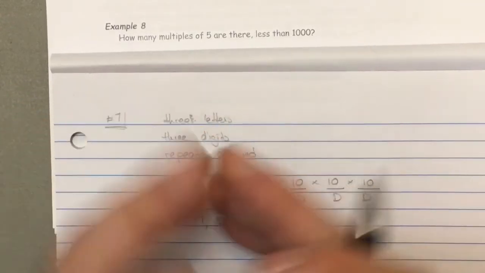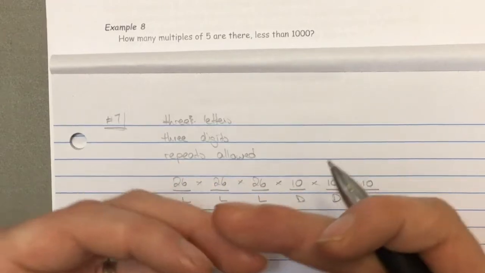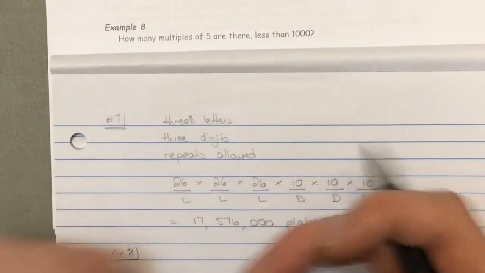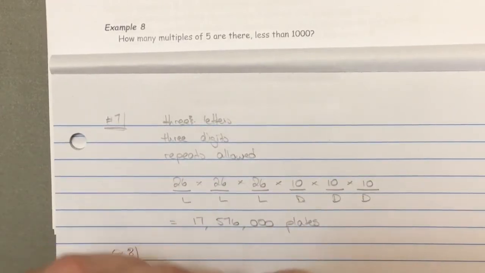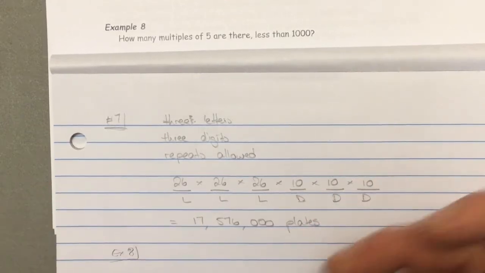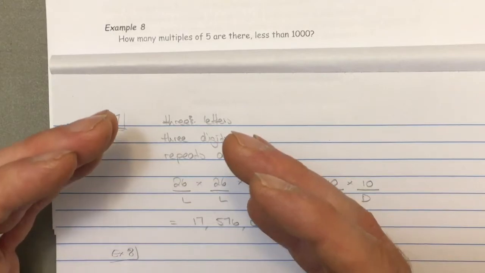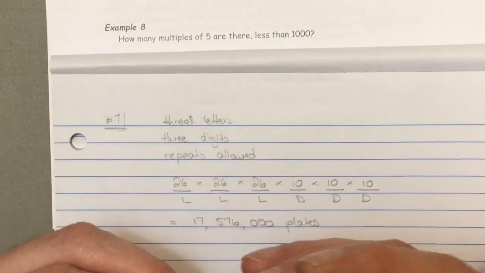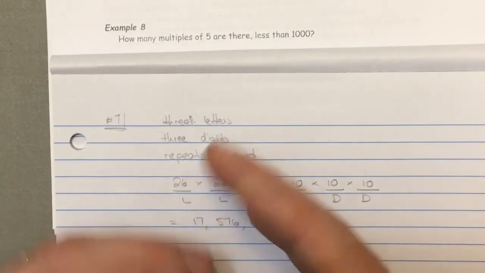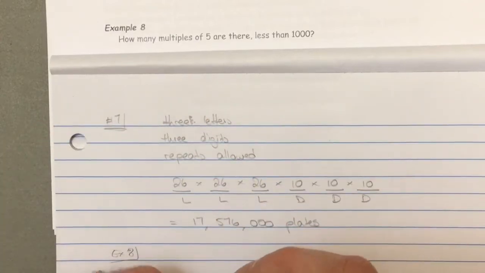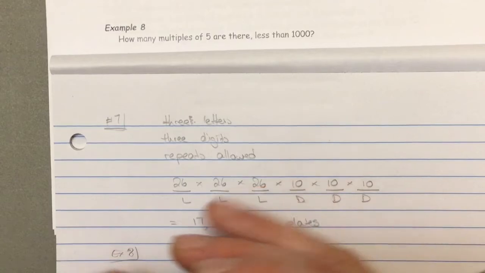When you look at the number 1,000, it has 4 digits. The first number that is less than 1,000 has 3 digits. 999 has 3 digits. Now, you don't need to only look for 3-digit numbers, but you can also have 2-digit numbers that are less than 1,000, and you can have 1-digit numbers.